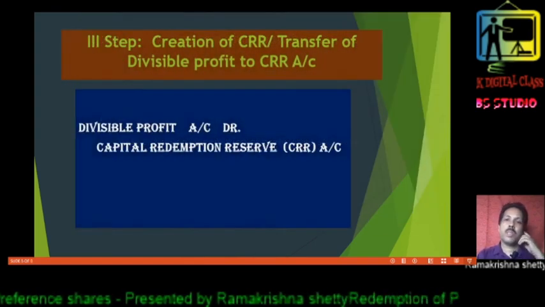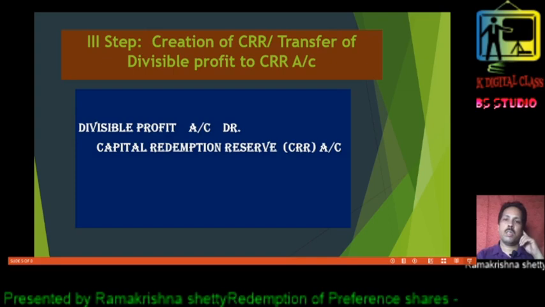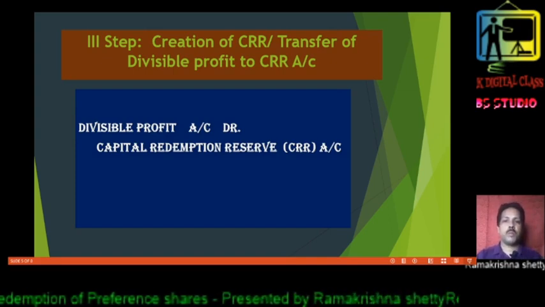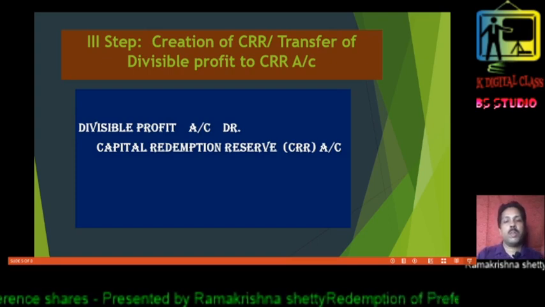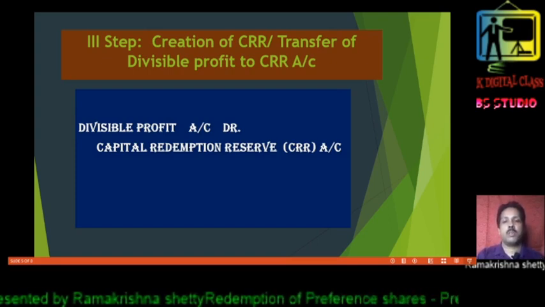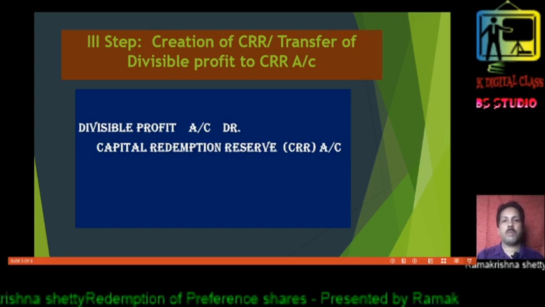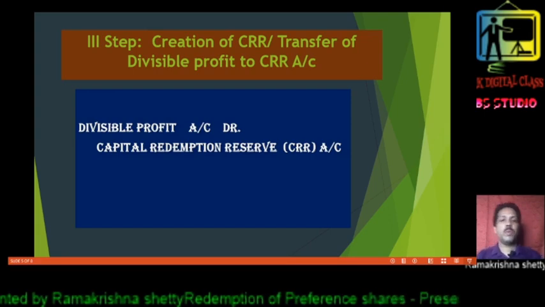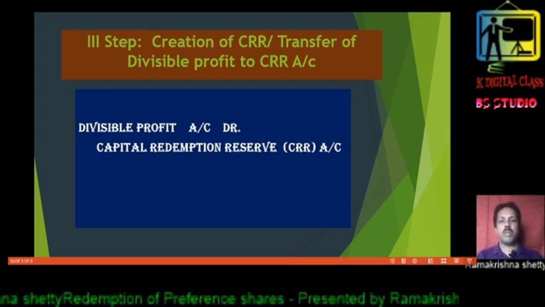Third step, creation of CRR or capital redemption reserve. It's also called transfer of divisible profit to CRR account. When the shares are redeemed out of divisible profit, the amount equivalent to the amount utilized from divisible profit should be transferred to CRR or capital redemption reserve.